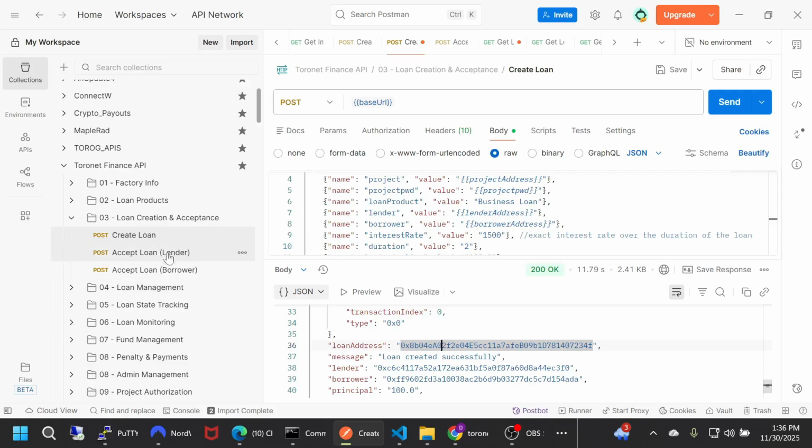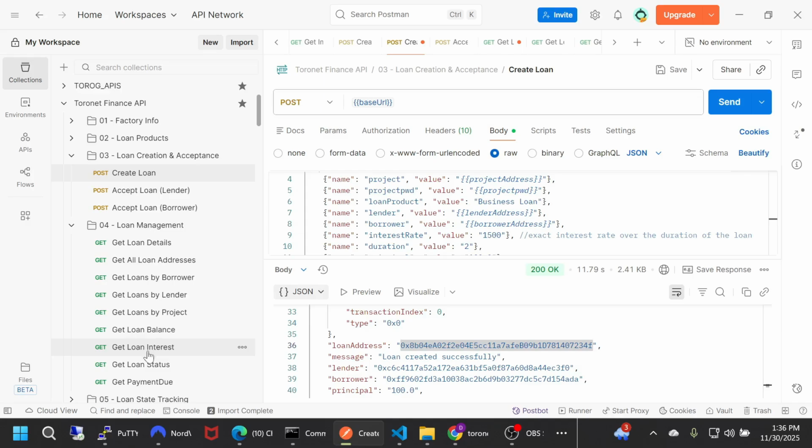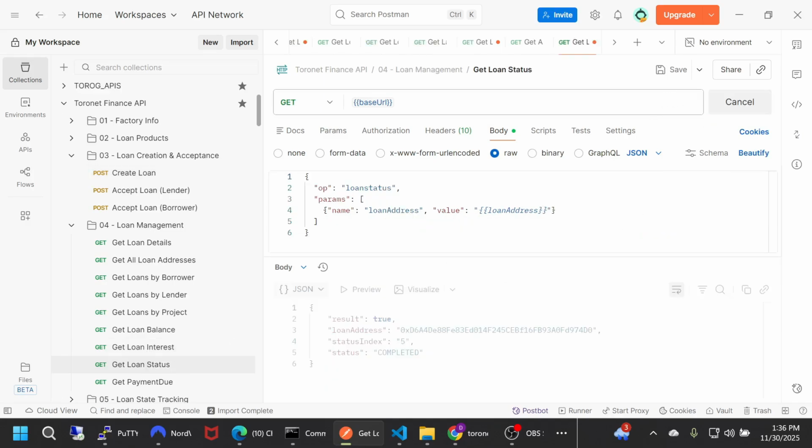All right. So the first step is initially, this is a loan that's in an initialized state. So we're going to look at the loan status. After this, for the loan to become active, both lender and borrower will need to accept the loan.